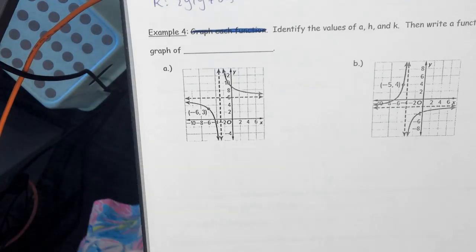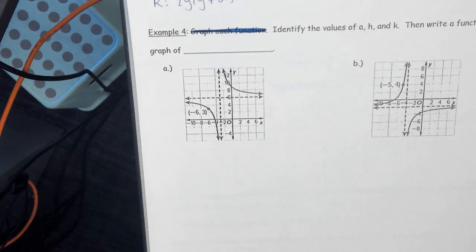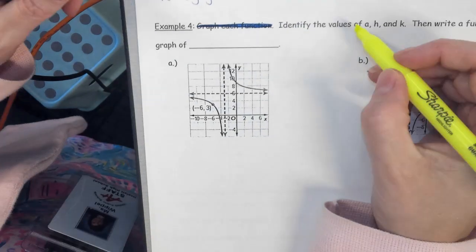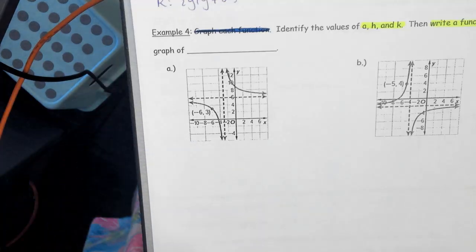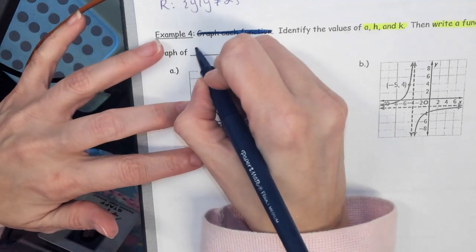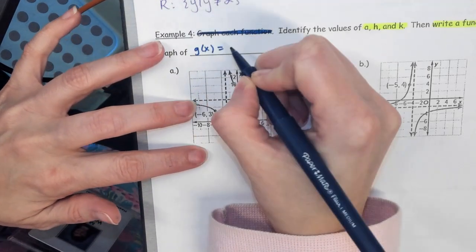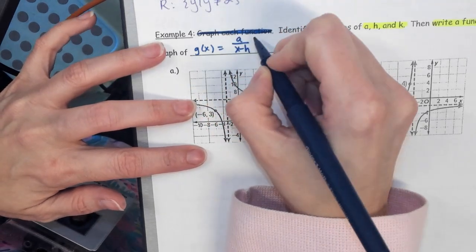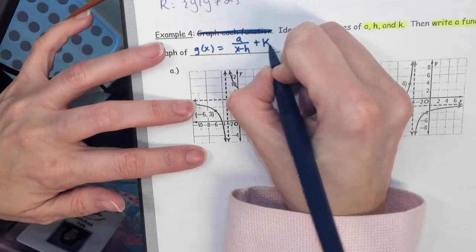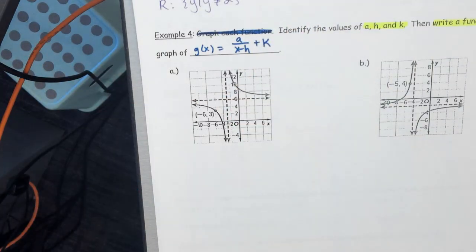What we have to do is identify the values of A, H, and K. And then we're going to write a function for the graph of g of x equals a over x minus h plus k. All right, and then when you're doing this on your homework, you just need to see your work for this, okay?